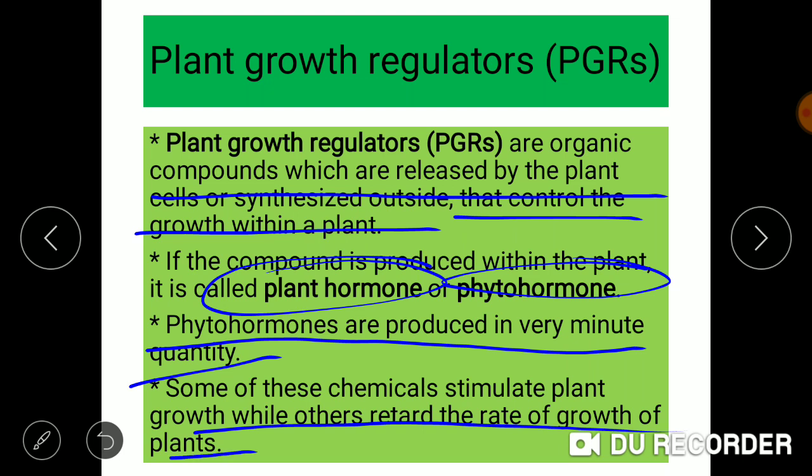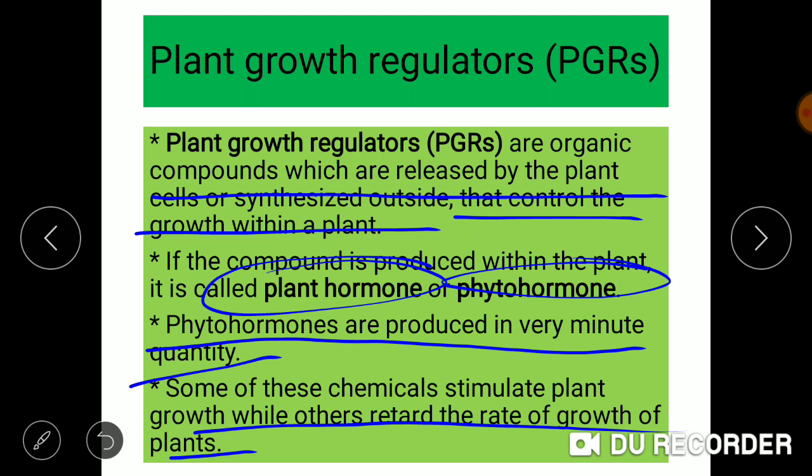It is not necessary that the plant hormones will always lead to an increase in growth of the plant. It may also lead to stoppage or retardation of the growth of the plant.